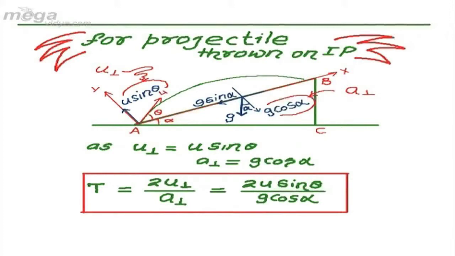Now, I think you got the correct situation here. If you are not finding it easy to understand this concept, then you can also use a very similar method based on the equation of kinematics, S equal to ut plus half at square. You can use it to get the same result.